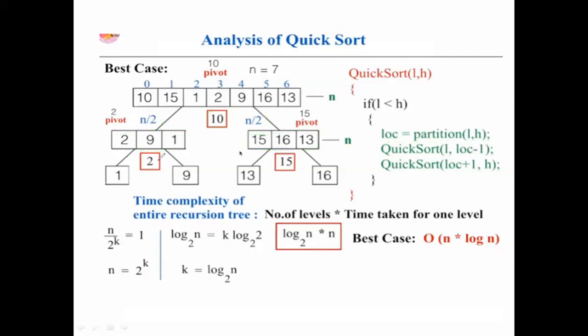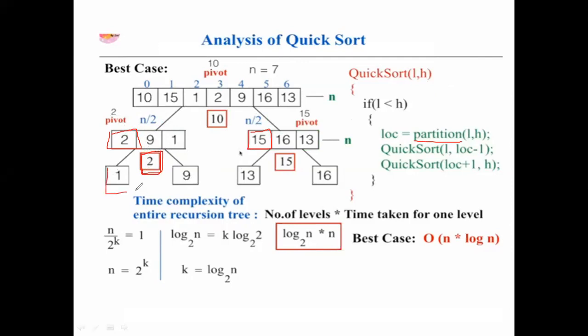Clear. After that, I am taking 2 as the pivot element. In this example I am taking the first element as the pivot element. Its position is here, so this is the partition after some particular comparisons. I swap the pivot element into its original position.